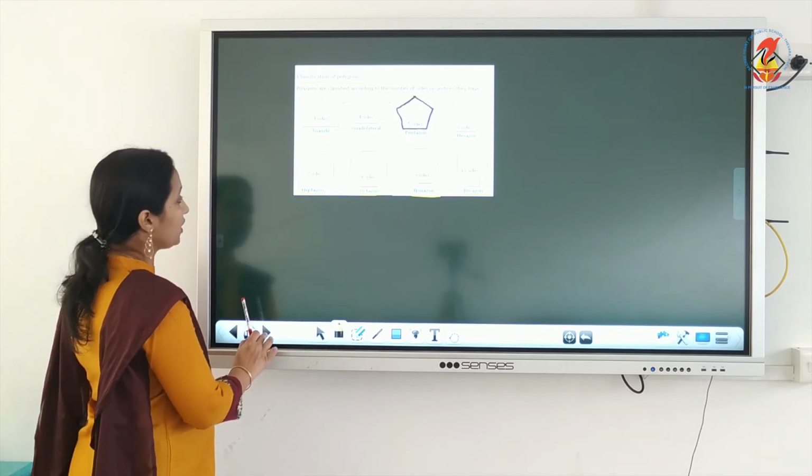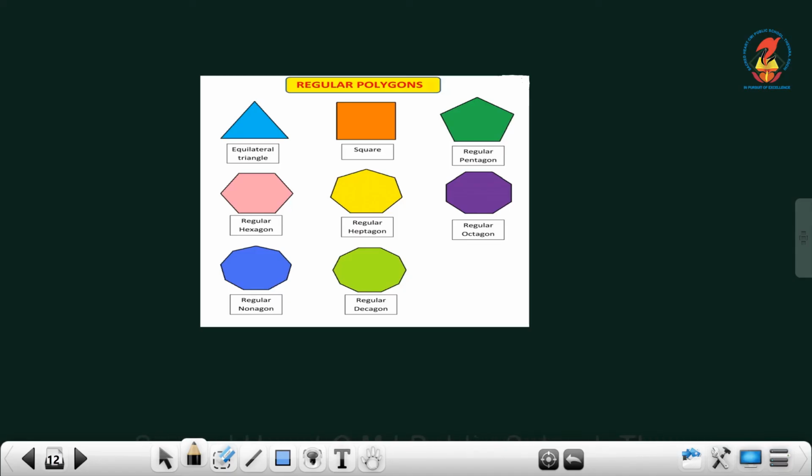Now look here children, in a pentagon, if all the sides are equal, we can say it is a regular pentagon. The word regular is important, okay? If all the sides are equal, you have to write the name regular pentagon. If all the sides are equal in a 4-sided figure, it is a square.